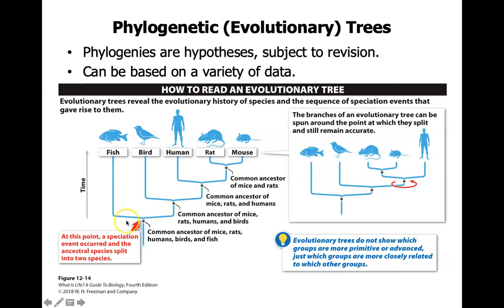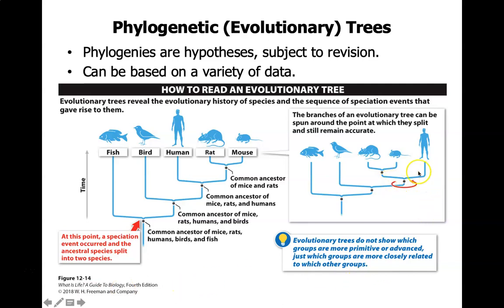So we've had some more splits than, say, this particular fish, but that doesn't mean that we are more advanced, or they are more primitive, or we are more evolved. All of these organisms' ancestors have been evolving for millions of years, and so they're all highly evolved and highly adapted to their specific environments.